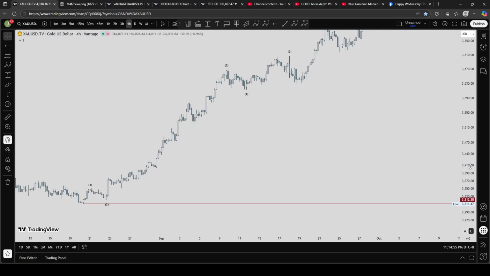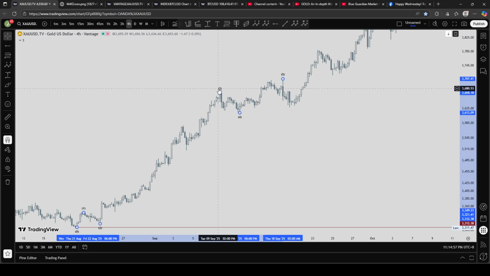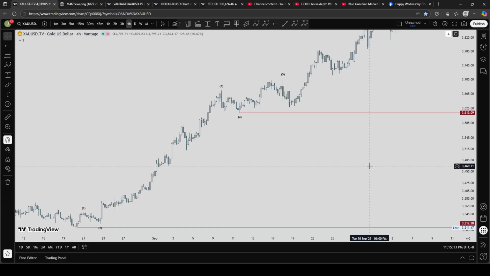Extension in Elliott wave theory happens when, after completing all the internal waves of the waves 1, 2, 3, 4, and 5, the correction after the fifth wave did not break at least the price of the wave 4.